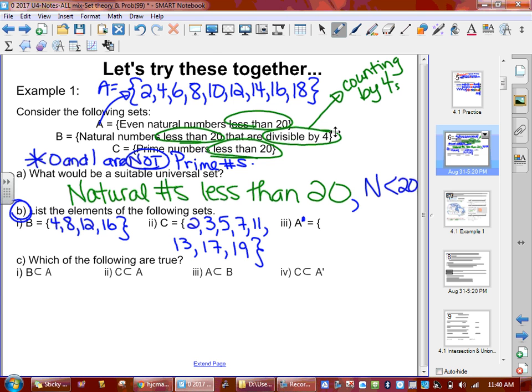What that means is I look at set A and I write every number that's not in that set, that's still in our universal set. So the complement of A is everything A is not.